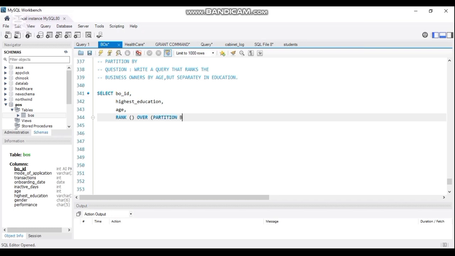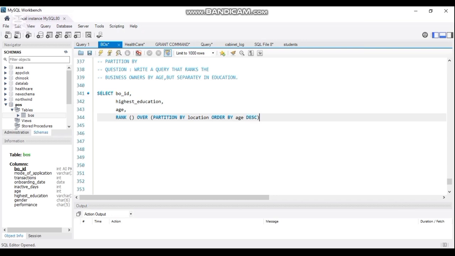We're going to partition by the location of the BOs, and after the location has been partitioned, we are going to order their age, maybe in descending order, or let's say ascending order.